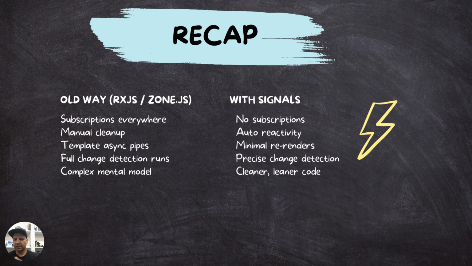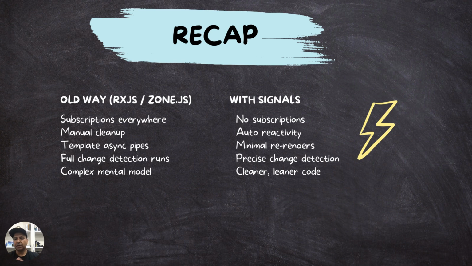Nothing else re-renders. And again, no subscribe, no unsubscribe, meaning less memory churn and cleaner logic, right? You're not juggling async emissions or worrying about leaks. So this becomes crucial in larger applications.